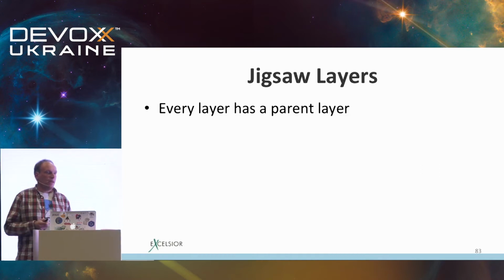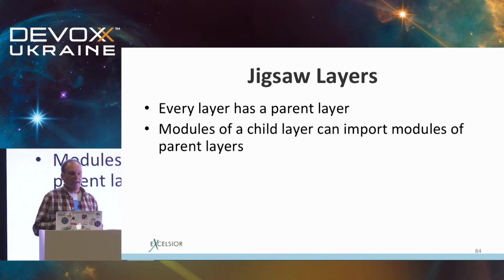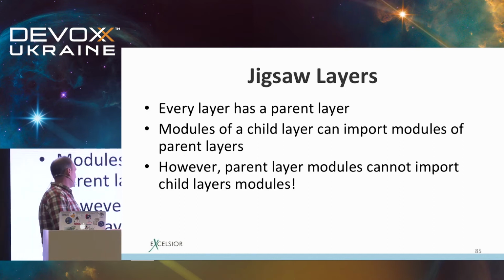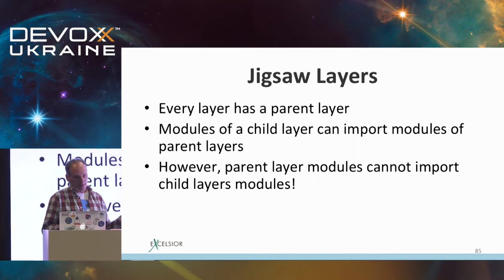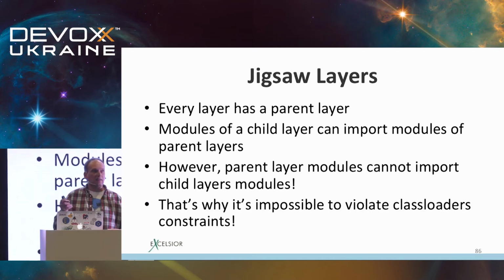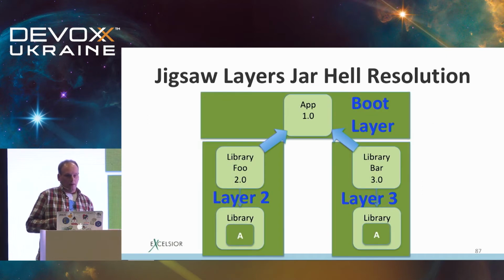That's it. What does it mean? Actually, every layer has a parent layer. And the modules of a child layer can import modules of parent layers without problems. However, parent layers' modules cannot import child layers' modules. And that's why it's impossible to violate class loader constraints. Let's remember how we got the class loader constraints problem.